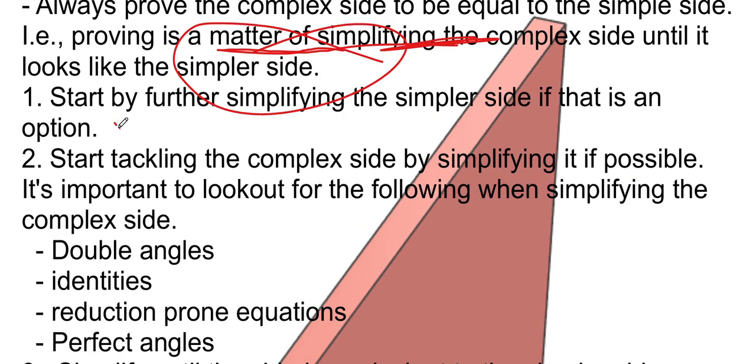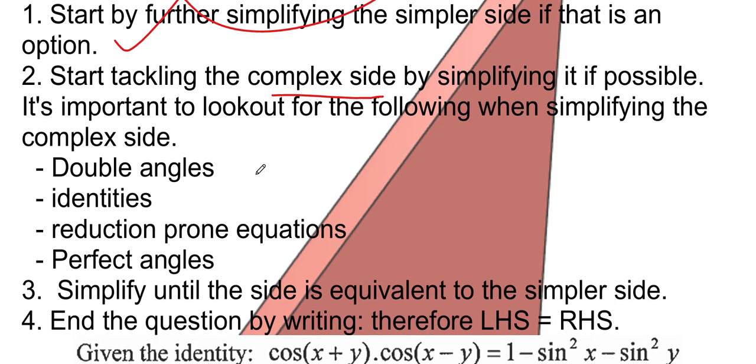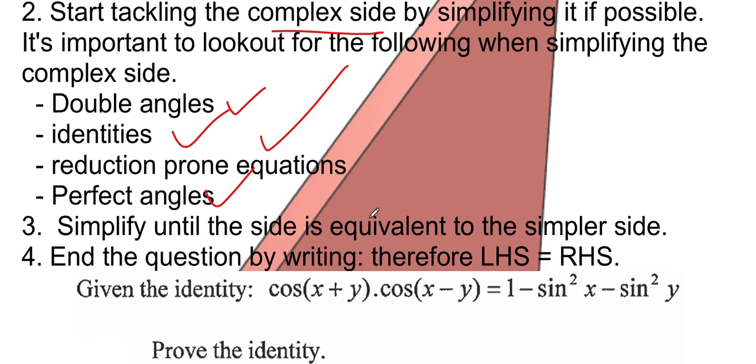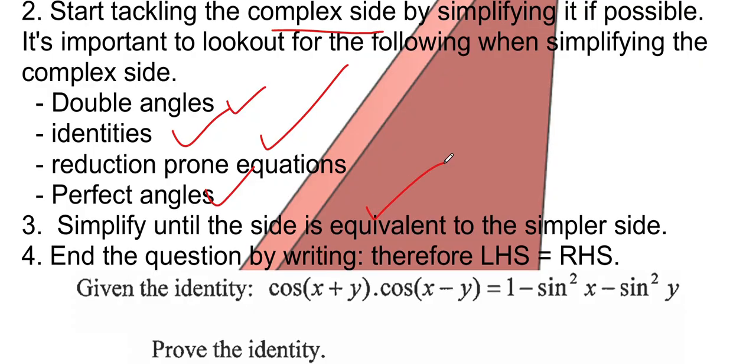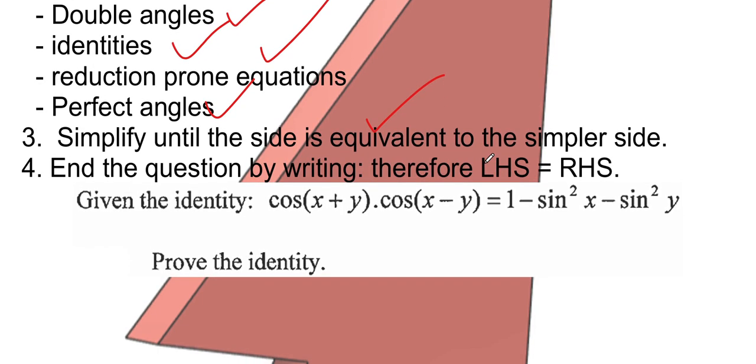You start by simplifying the simpler side, so that it's at its simplest form. And then you can proceed to tackle the complex side using double angles, your identities, your reduction equations, and the perfect angles to simplify it, until the complex side is equivalent to the simpler side.